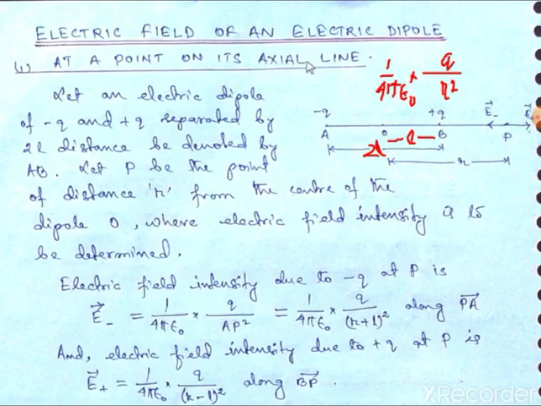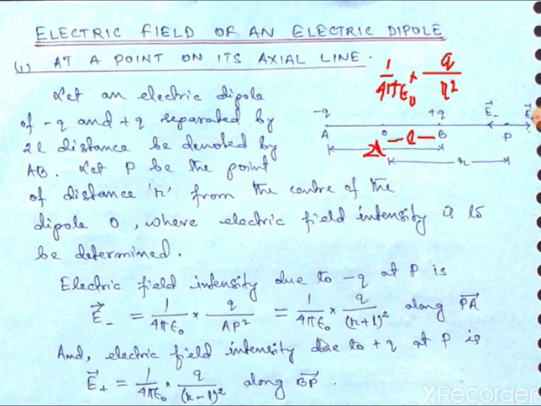Yes, this is what? E minus is 1 by 4 pi epsilon naught q over r plus L whole square, along PA, that means along this PA. And for E plus, 1 by 4 pi epsilon naught q, this portion is the same.